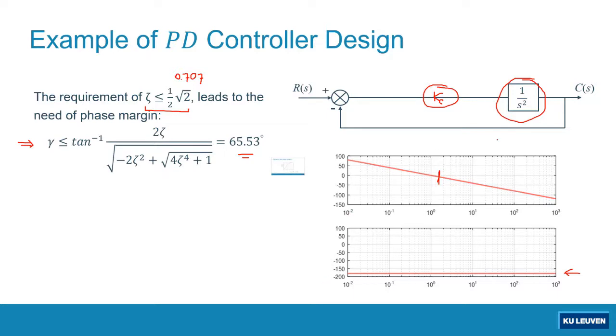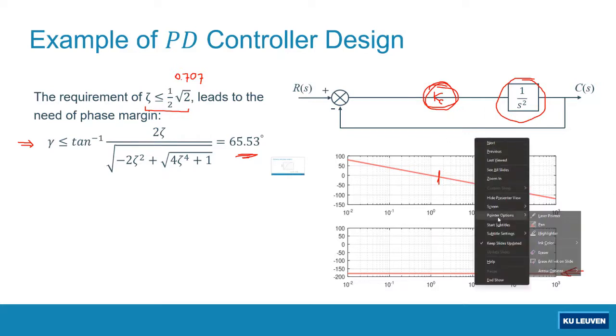That means we will never achieve this requirement with only a proportional controller. So definitely we need more than just a proportional controller. And because we want to improve the transient performance, I will choose to use a PD controller.